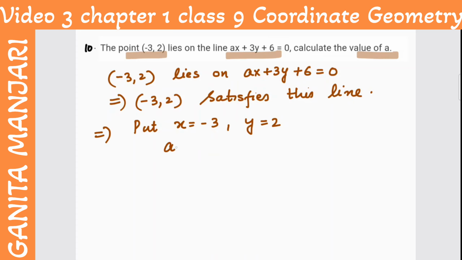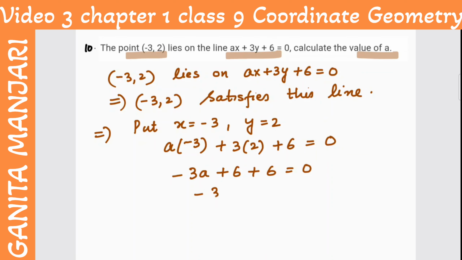So we have a into negative 3 plus 3 into y, put the value of y as 2, plus 6 equals 0. So minus 3a plus 6 is equal to 0.